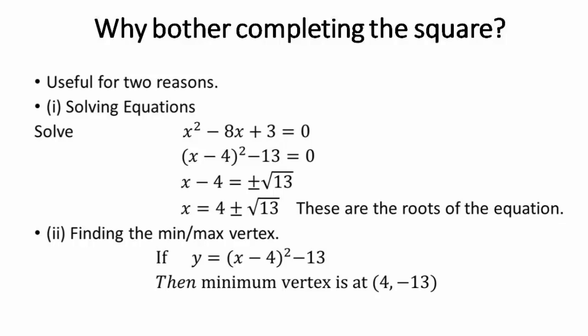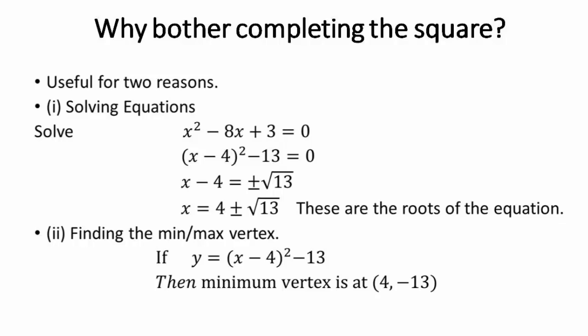The reason why y cannot be any smaller than negative 13, i.e. a minimum there, is because the first part of our equation is stuff squared. It's x minus 4 squared, or stuff squared as I would call it. Well, when you square something, the answer is always 0 or bigger.